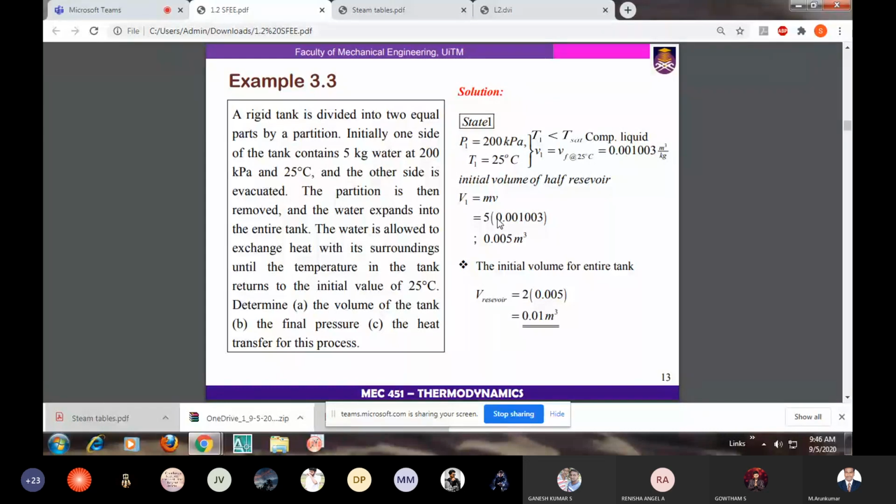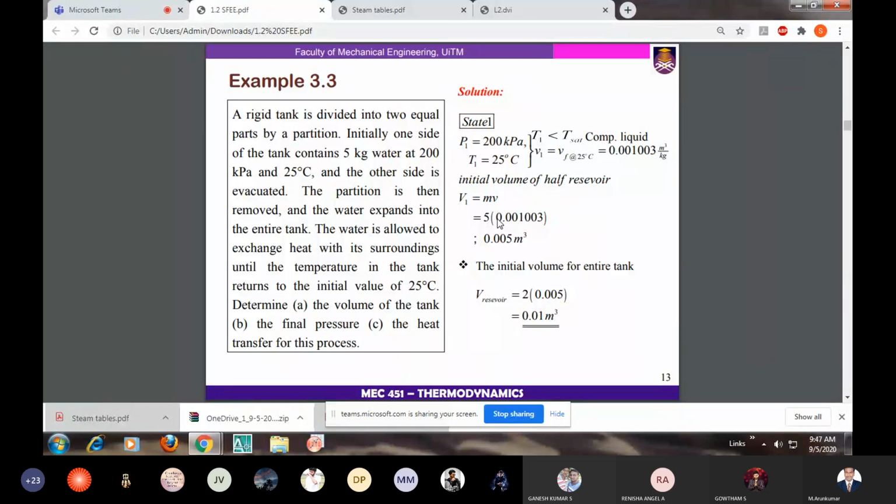The partition is then removed and the water expands into the entire tank. The water is allowed to exchange heat with the surroundings until the temperature in the tank returns to the initial value of 25 degrees Celsius. Then determine the volume of the tank, the final pressure, and the heat transfer of the process.